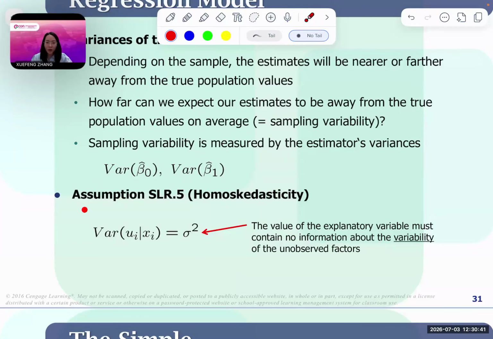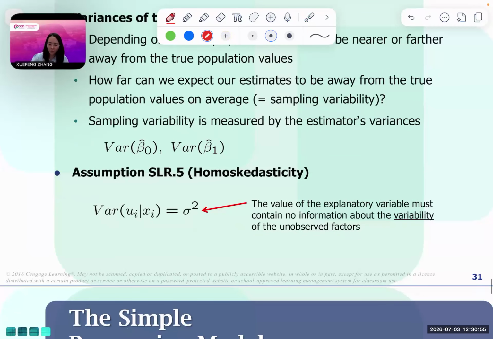And next, we're going to learn a new assumption and a very well-known word, which is homoscedasticity. Okay, listen again. Homoscedasticity. What does homo mean? It just means the same. So don't panic about the word. The idea is simple.